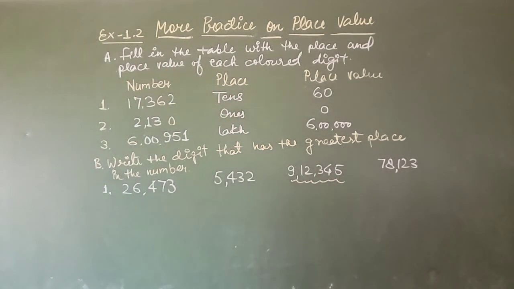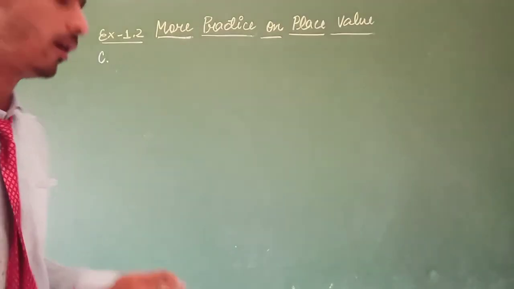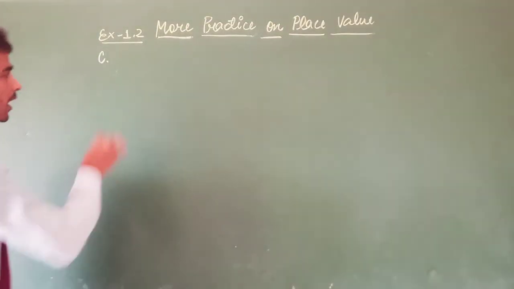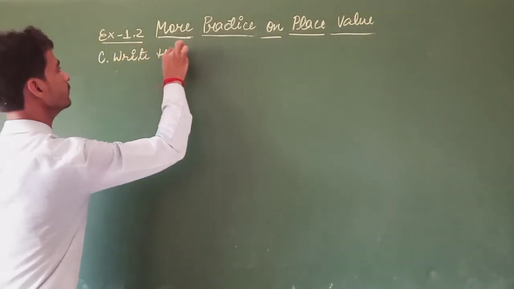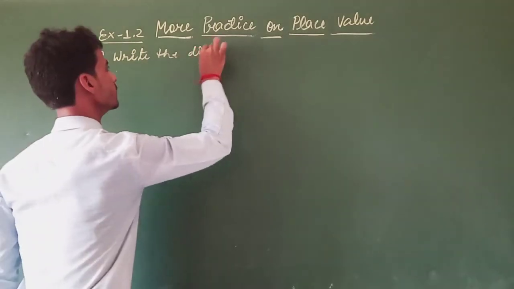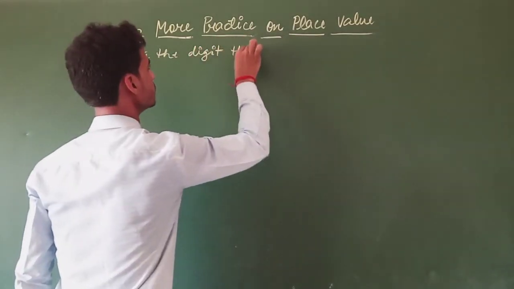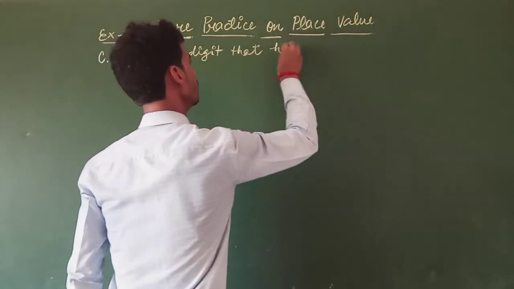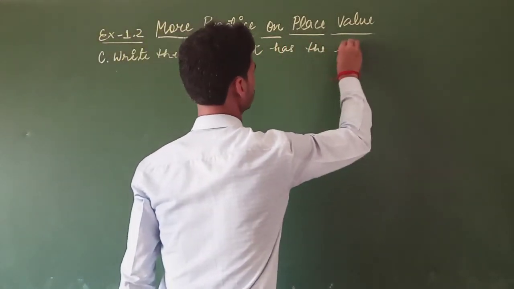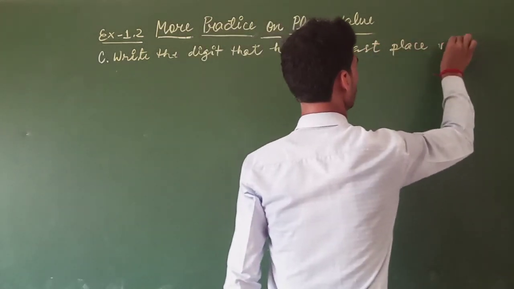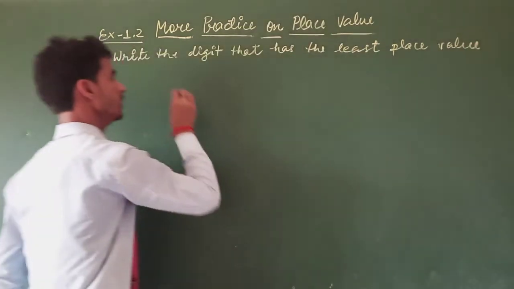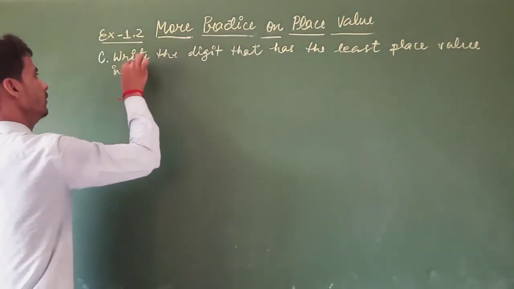Okay, and now come to the next question, question number C. Write a digit that has the least place value in the number.